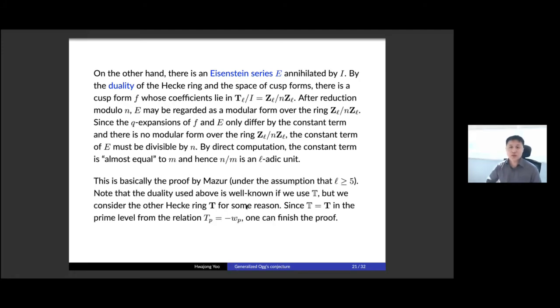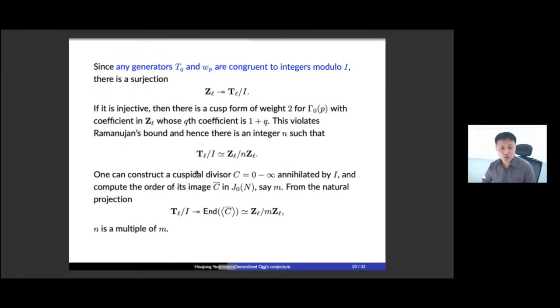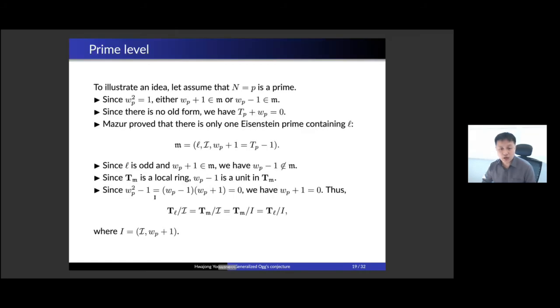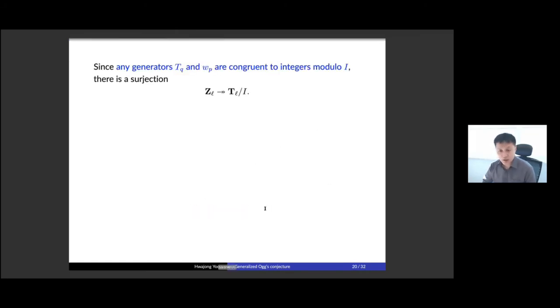Note that in the usual duality, for instance in Katz's paper in 1983, we usually use the full Hecke algebra. However, in this argument, we somehow use the Atkin-Lehner involutions.